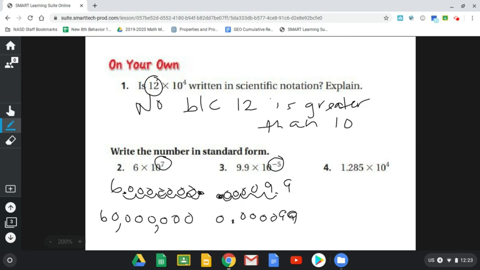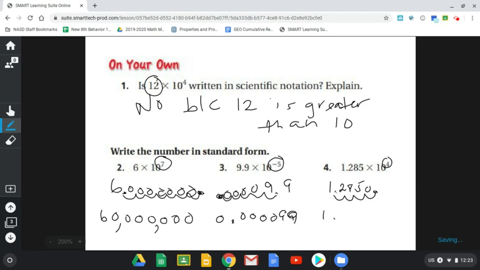And then lastly, we're going to start with 1.285. I noticed that my exponent for base 10 is a positive 4. So I'm going to be moving my decimal to the right. So I'm going to give myself some room to do that. And I'm going to take my decimal and I'm going to move it 1, 2, 3, 4 to the right. Decimal point's now down here. Add a 0 in for the empty space and then rewrite my number.